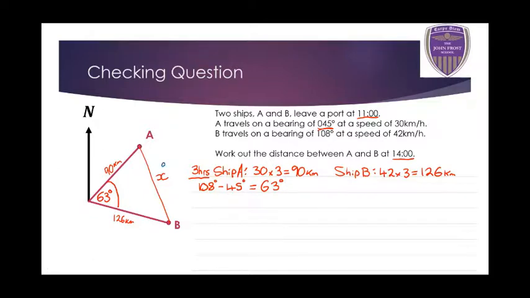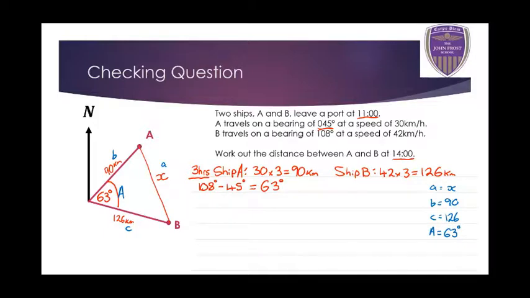I'm going to call x a, the angle A, 90 b and 126 c. So a was x, b was 90, c is 126, and angle A is 63 degrees.